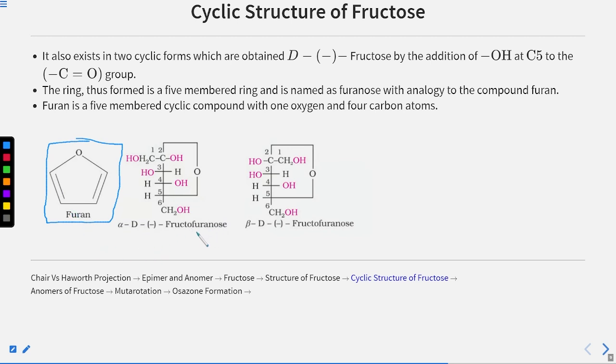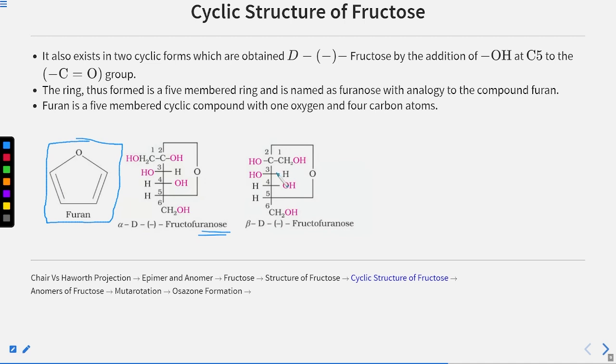Therefore, it is called furanose. It also exists in two cyclic forms by the addition of OH at the C5 position. This OH group attacks the ketonic group and makes this structure. At the second position, you can see that the configuration has changed: here the CH2OH is on the left side, and here the CH2OH is on the right side.